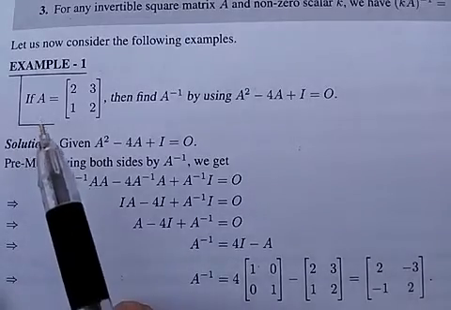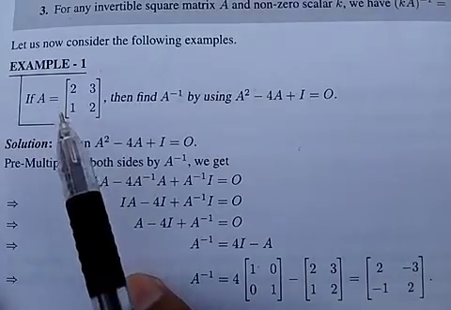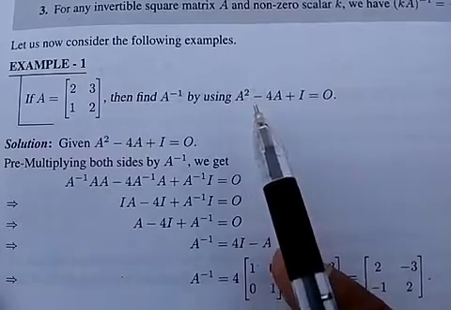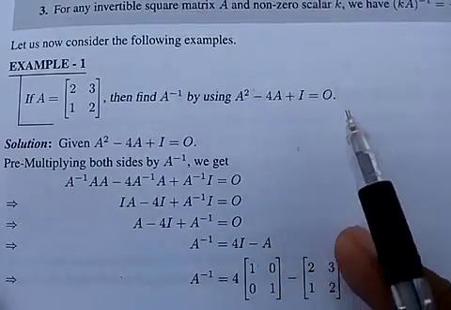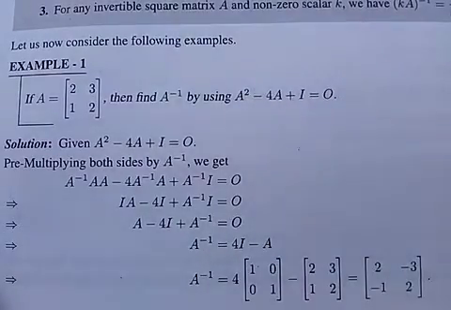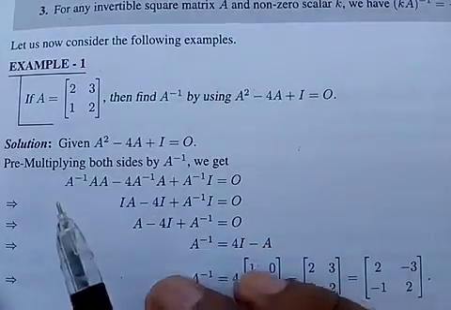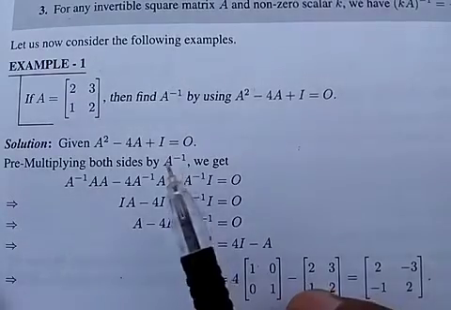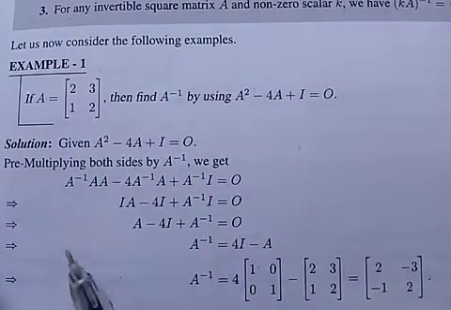For example, if A is a square matrix, then find A inverse by using A square minus 4A plus I equal to O, where O is zero matrix. We can simplify the given condition, multiply by A inverse on both sides.